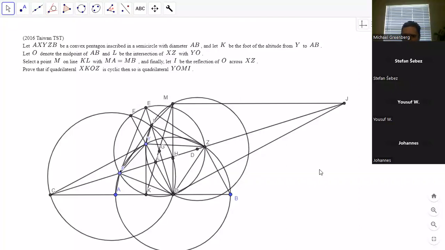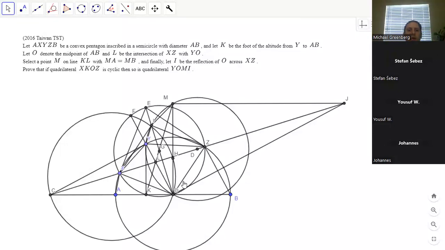So can we consider it like this: it's the circumcenter of triangle YOM, and since OI is perpendicular to JC, it implies that I lies on this circle. If we take the circumcenter of YOM, and since I is a reflection, it's equidistant from D.